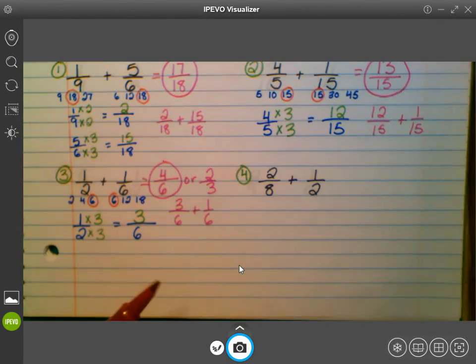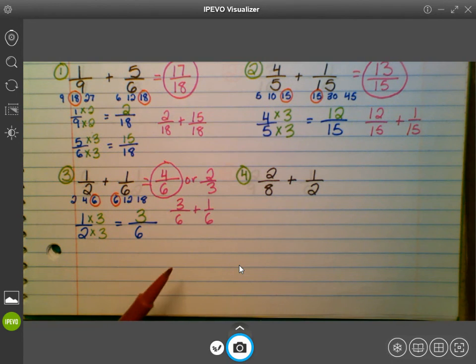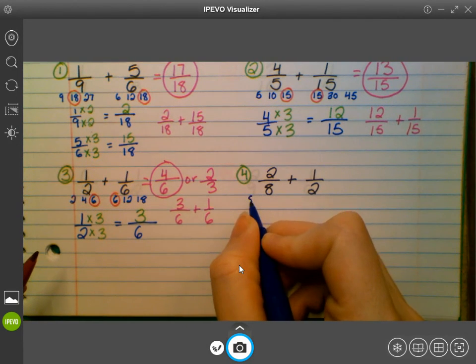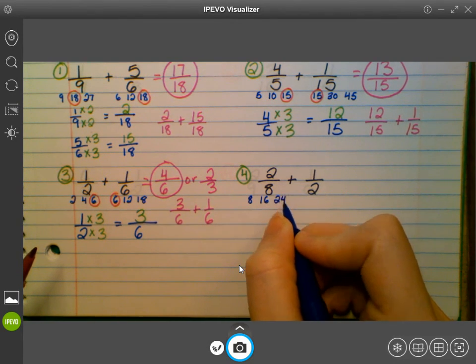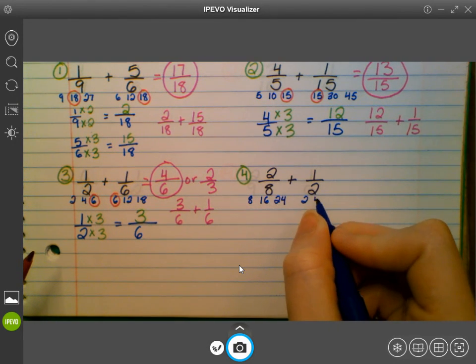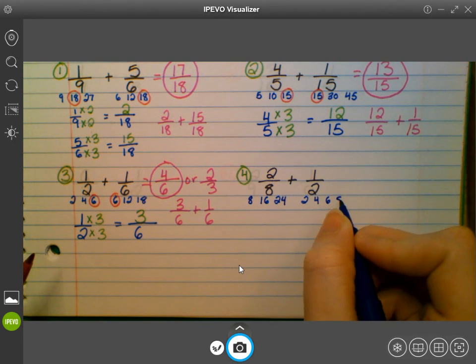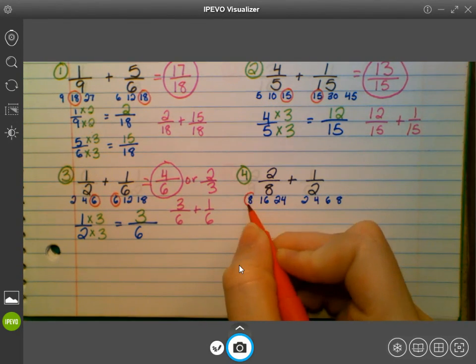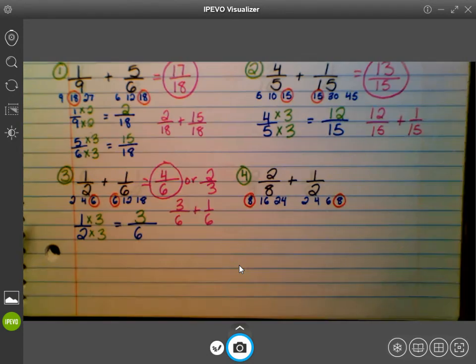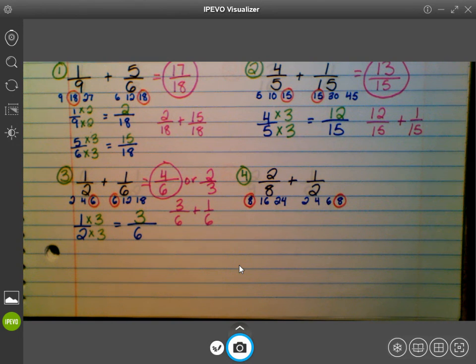Number 4, 2 and 8. So I'm going to list my multiples. 8, 16, 24, and then 2, 4, 6, 8. Well, 8 is our LCD. Again, does one of our fractions already have 8 as a denominator?